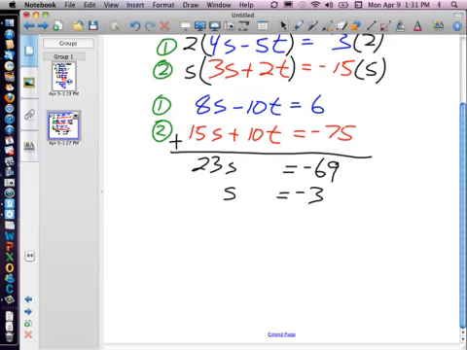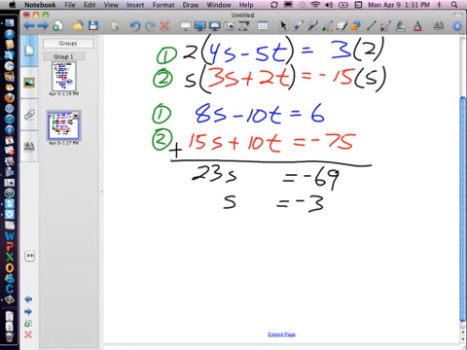Now, we're going to plug into one of those initial equations, which are listed near the top here. I'm going to go equation 1. You know, sometimes there's a reason and it looks nicer. Sometimes they both look the same, so it doesn't matter.